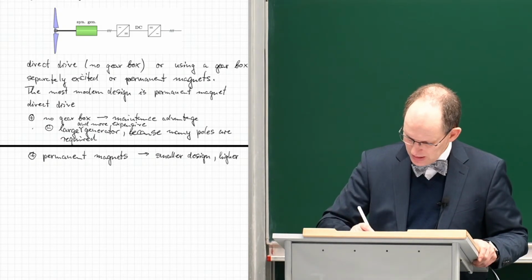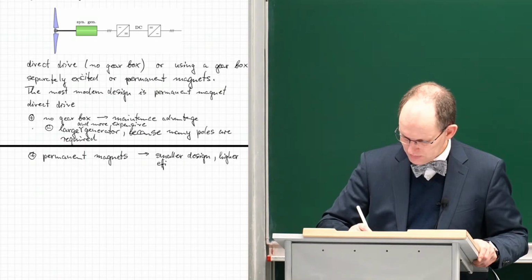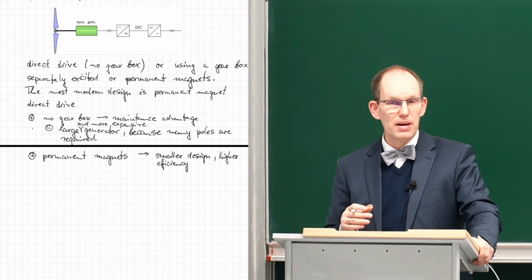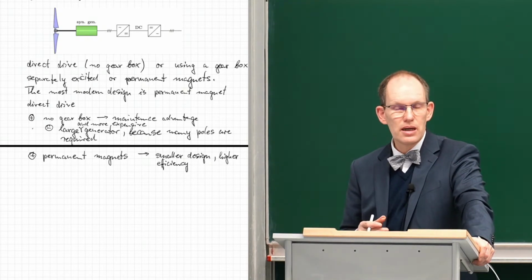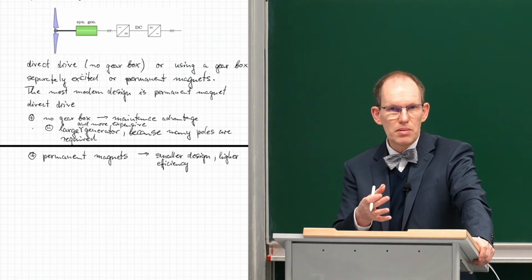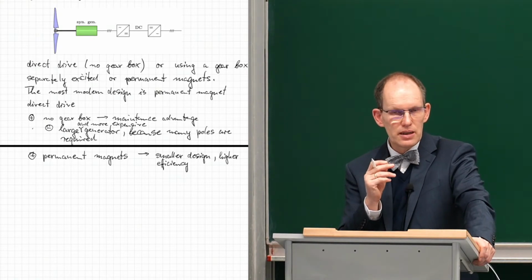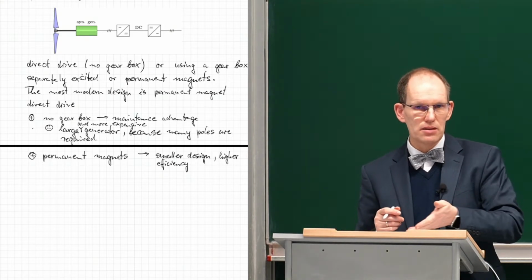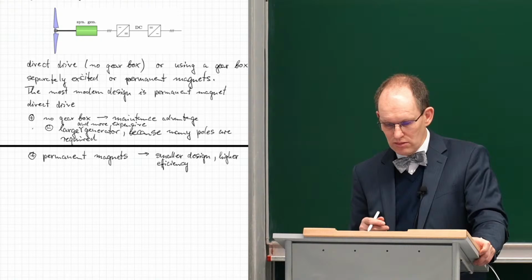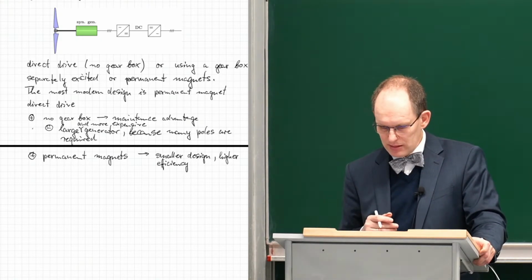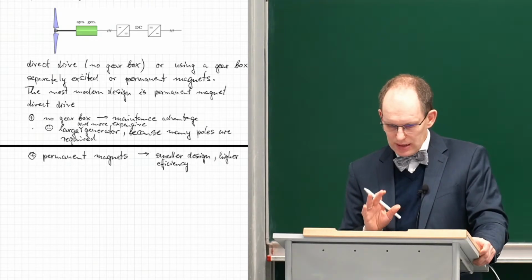So higher efficiency. So permanent magnet motors, they are actually the most efficient motors known. And this also applies for small pumps or something like that. So if you want to have, or for cars, so they use the same design principles. So smaller design, higher efficiency.